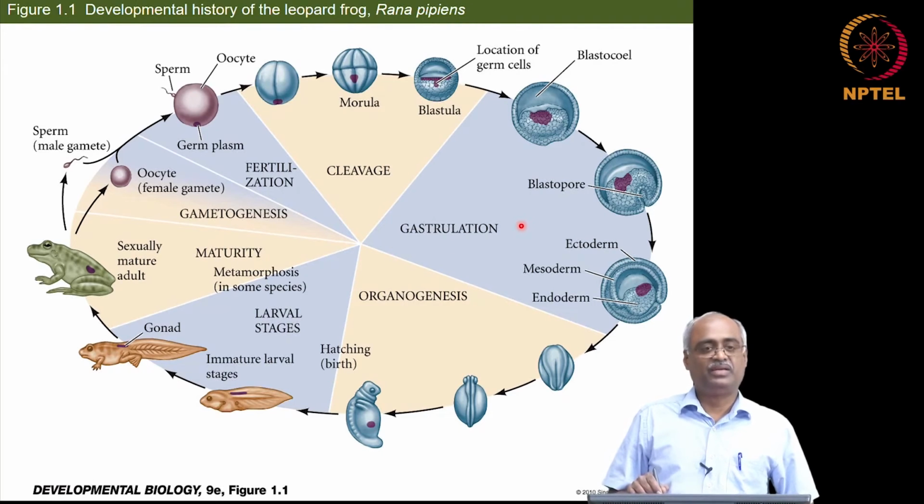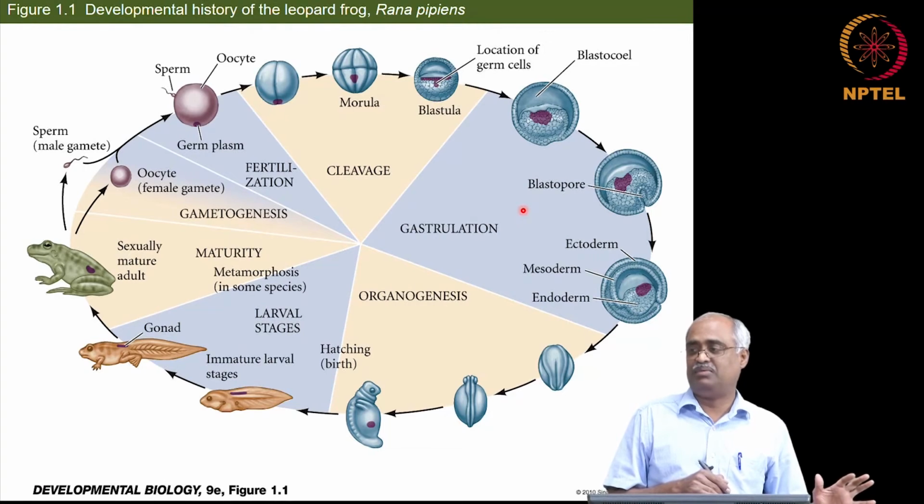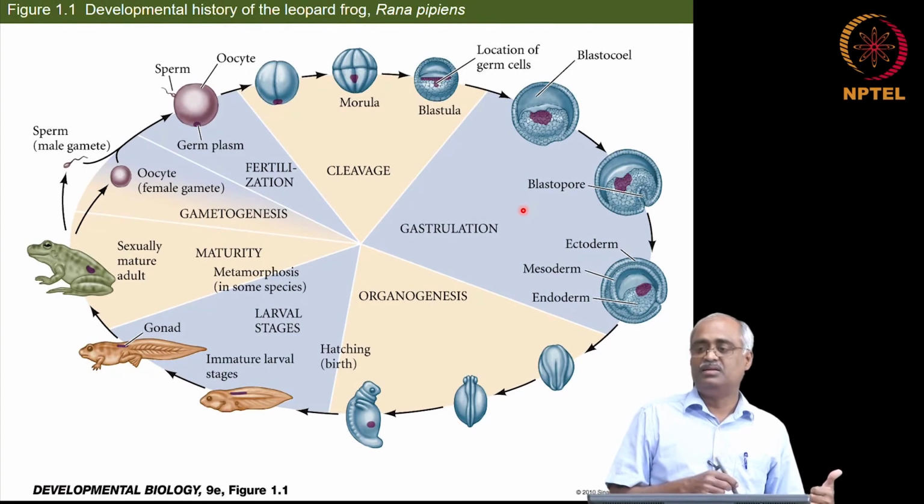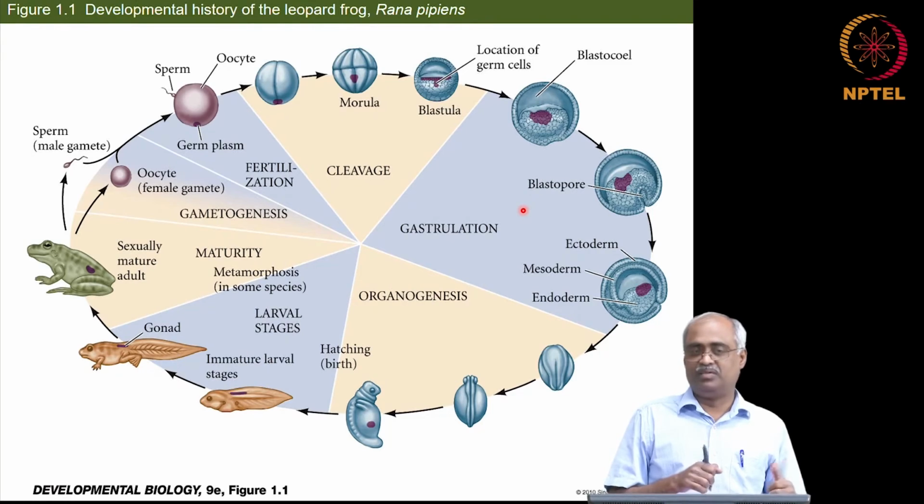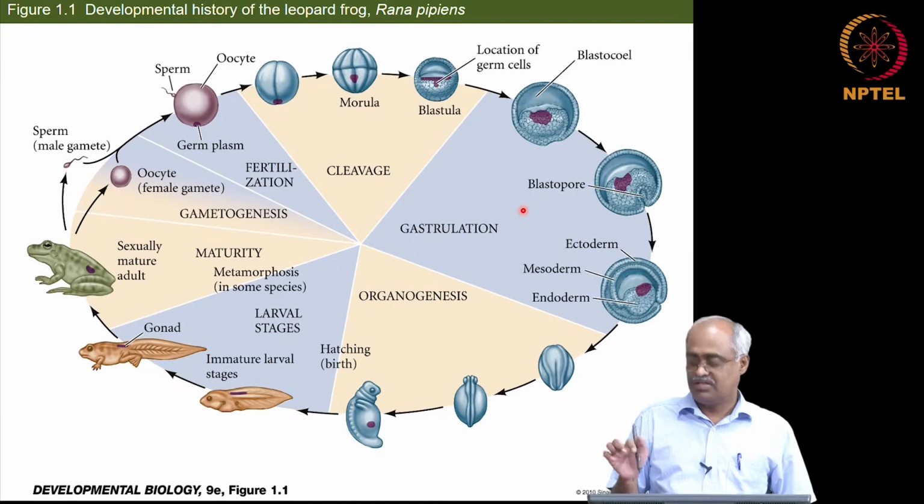Here you still do not have major differentiations. So, you should not get confused with the migrations and differentiations that happen later. Here it is primarily rearrangement of the cells into three major germ layers, and at the end of that you call it a gastrula.